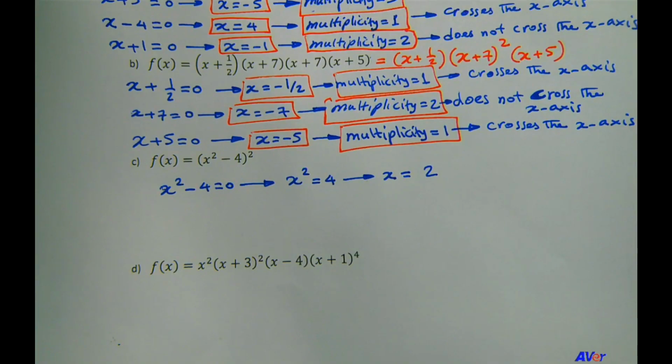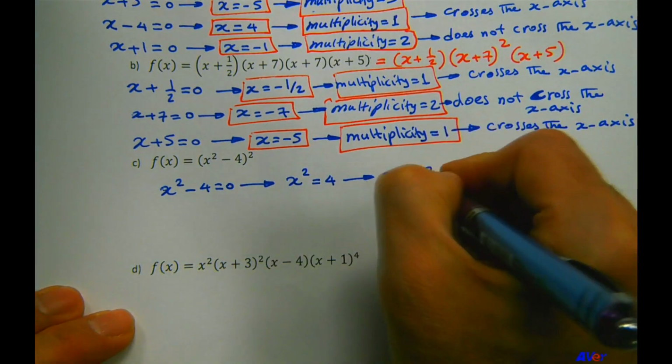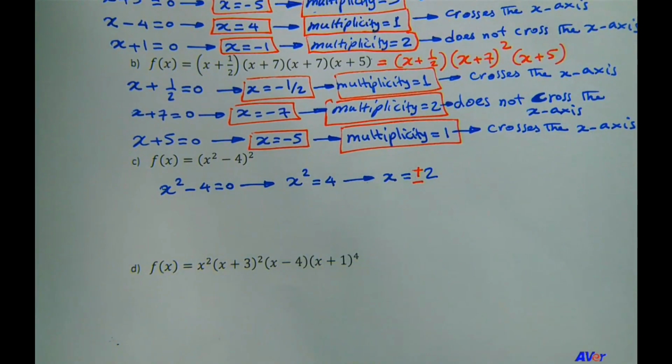What is wrong with it? What is wrong with 2? Isn't 2 squared equal to 4? Yes, it is, but also minus 2 squared is equal to 4. So why did I forget to put this? Wanted to make sure that you'll catch that and you'll notice it. x is not equal to just 2, but also minus 2.